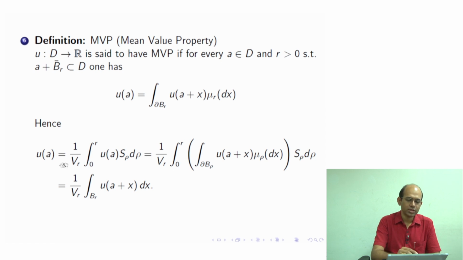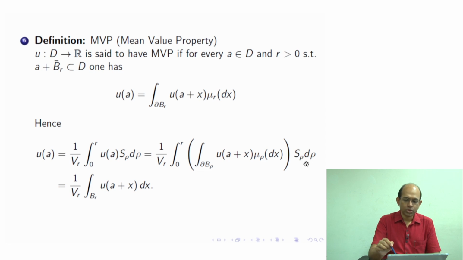So, U of A is written as U of A multiplied with the integration of S rho d rho from 0 to R, and the denominator is V R. Then that is equal to 1 over V R times the integration from 0 to R. Here we are going to use this property of U. So, U of A is replaced by the integration of U of A plus x with respect to mu rho on the sphere of radius rho, times S rho d rho.